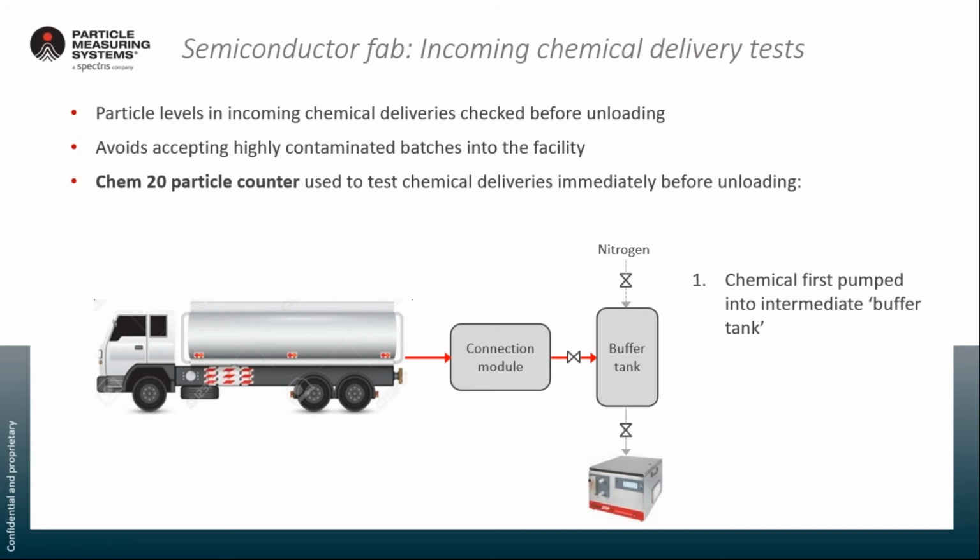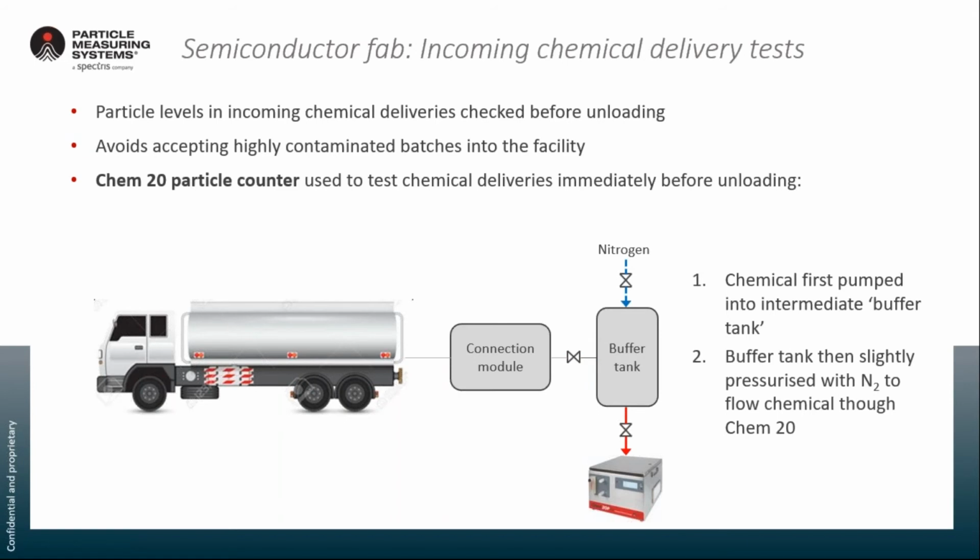And the purpose of the buffer tank is to isolate the particle measurement from the large pressure pulsations generated by the diaphragm pumps in the connection module. Then the buffer tank is sealed off and pressurized slightly with nitrogen gas with just high enough pressure in order to push the chemical through the particle counter for the particle measurement.